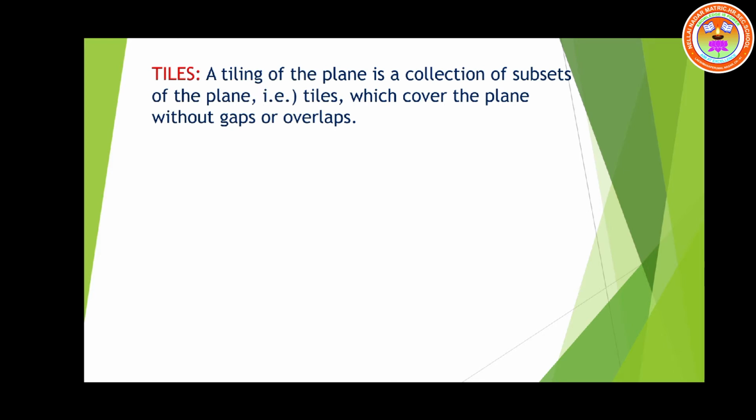When you look at the tiles in your house or some other place, look at them closely. You could see that there are no gaps between them, and one tile is not placed over the other. There is no overlapping of tiles. So it has a pattern. There is a pattern of applying the tiles.